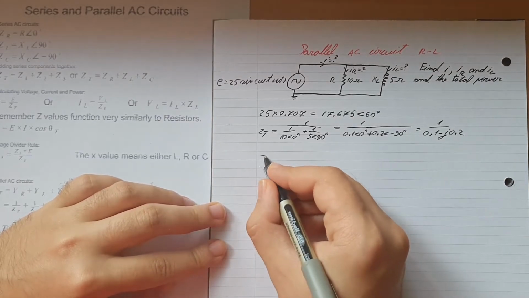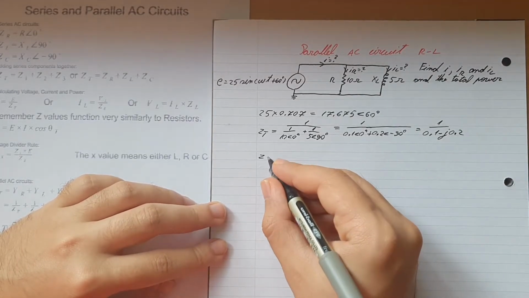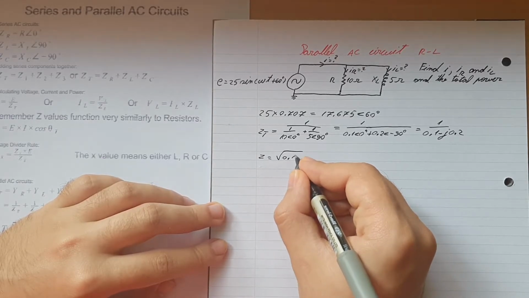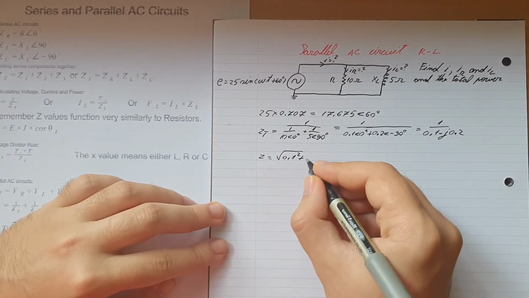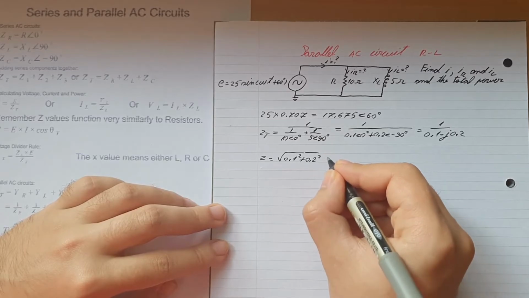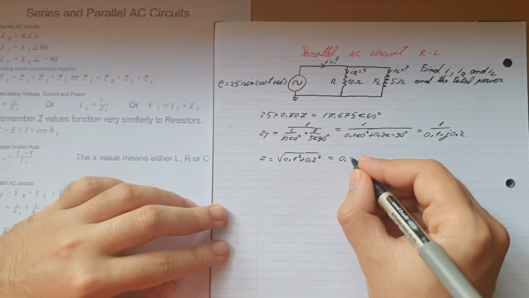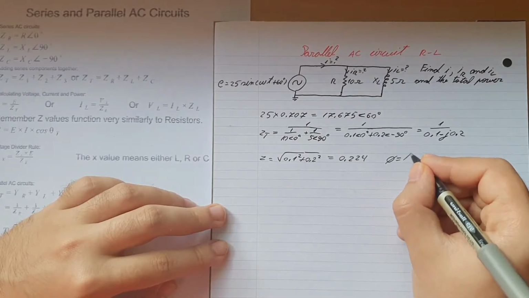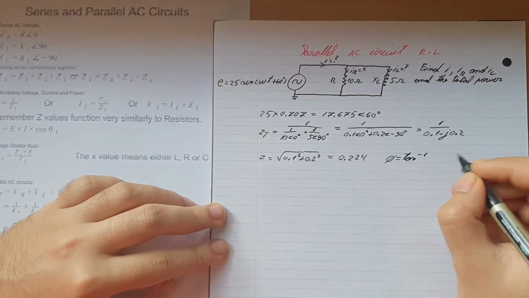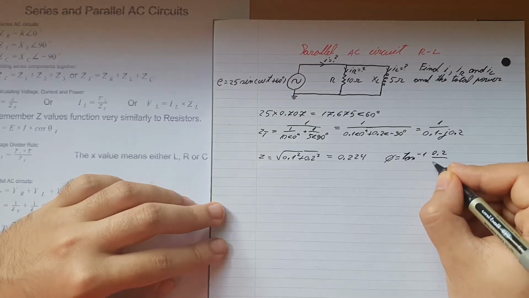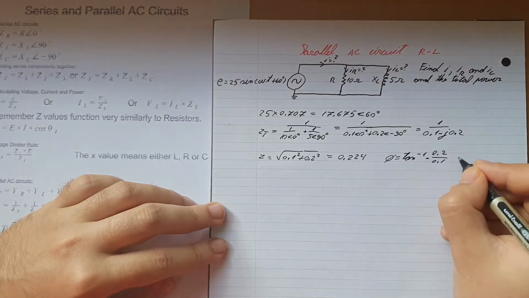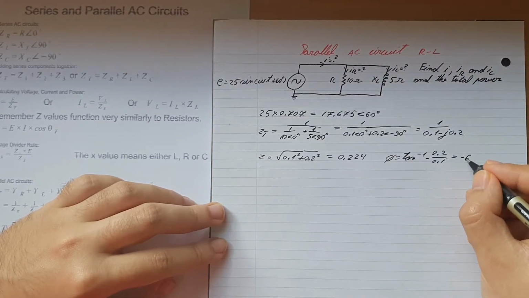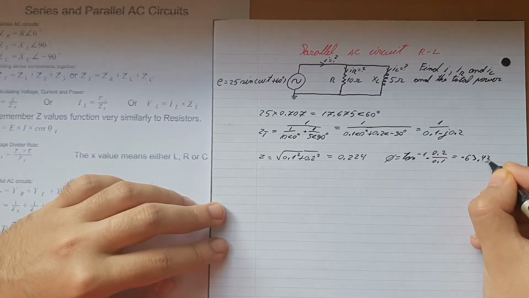Alright, so then we convert this one to polar form. So Z is equal to the square root of 0.1 squared plus 0.2 squared, that is equal to 0.224. Then the angle is equal to tan inverse of 0.2 over 0.1 with a minus in here, that will be equal to minus 63.43.